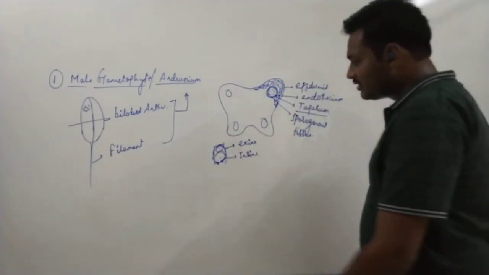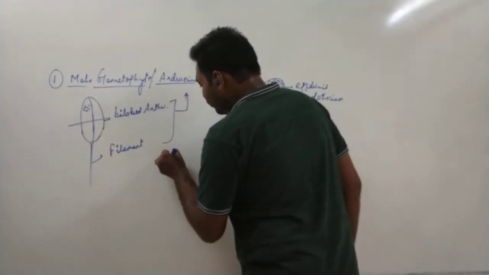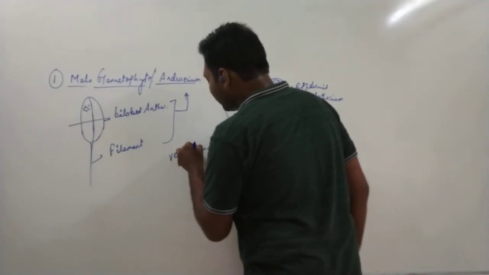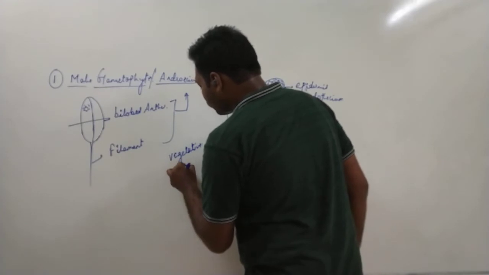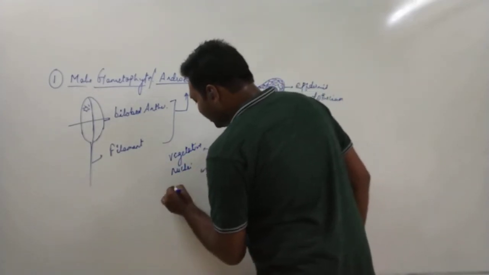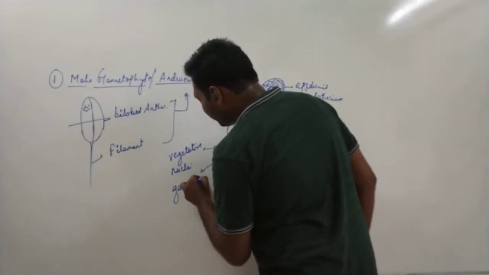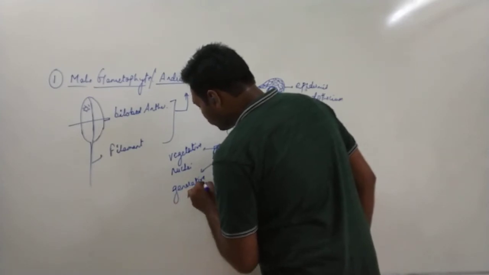One of these nuclei is referred to as the vegetative nucleus, and another is referred to as the generative nucleus.